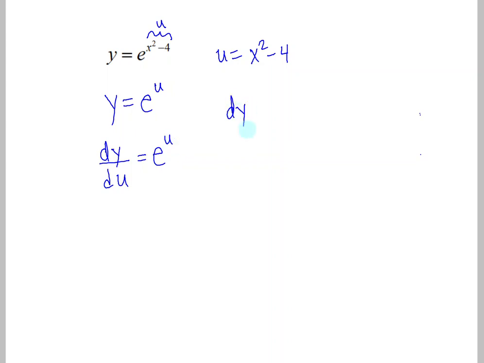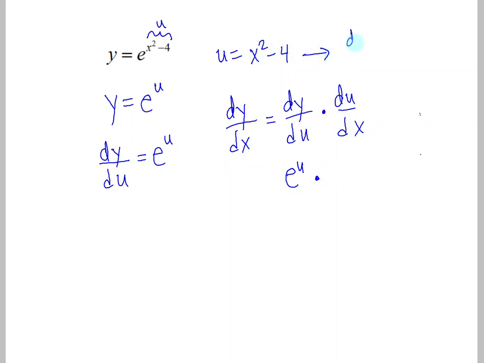But what I want is dy dx. So remember that dy dx is dy du times du dx. So dy du, e to the u, times du dx. The derivative of x squared minus 4 is 2x. And then I can substitute what u equals.